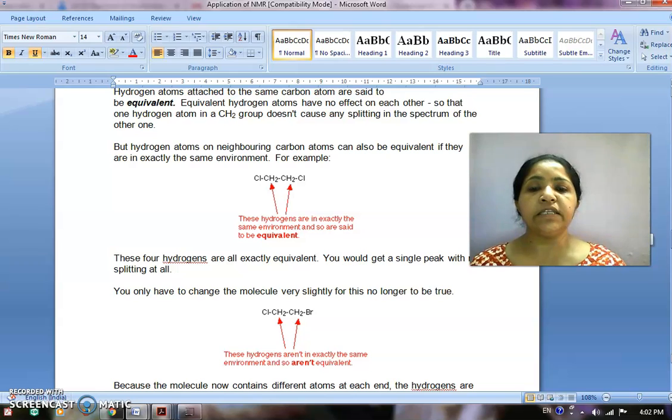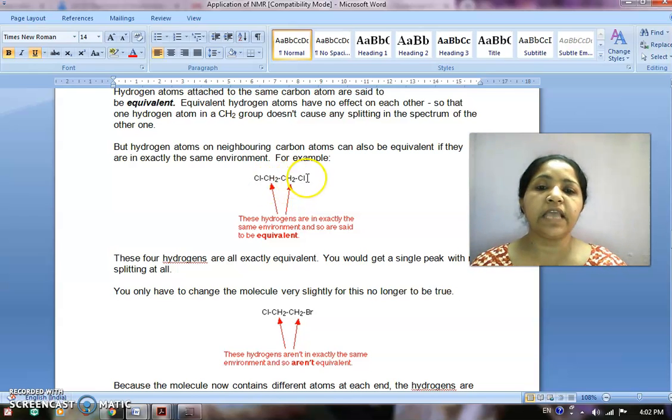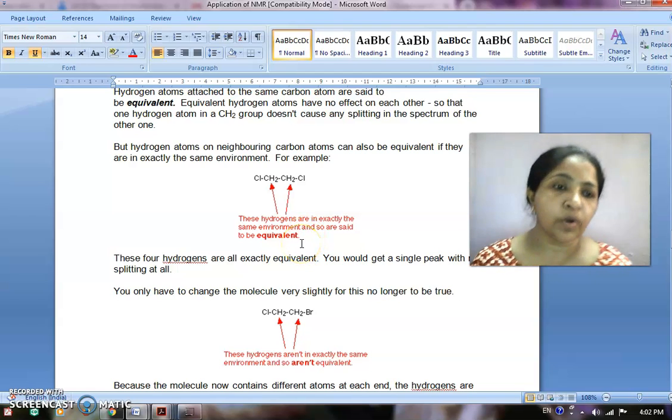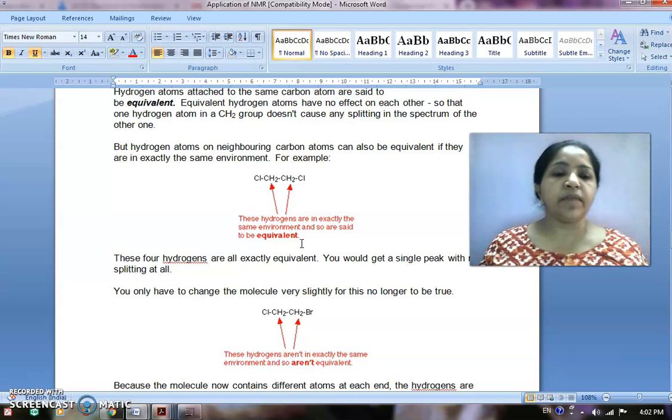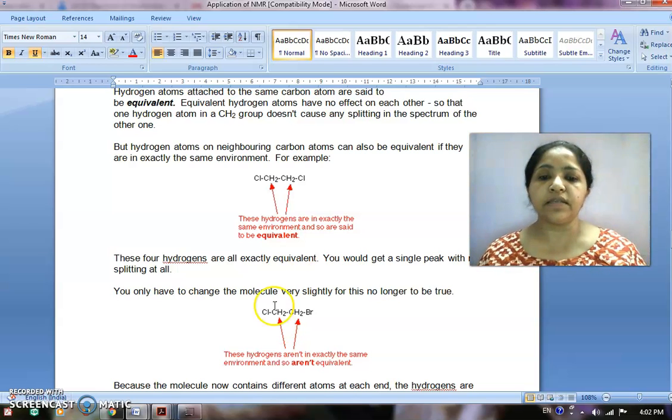See here, these two are bonded to two different carbons, but still they have the same environment because they have the same type of atoms in their surroundings. So these two hydrogens, even though bonded to two different carbons, have the same environment, hence they are equivalent. Whereas this one does not have an equivalent environment.